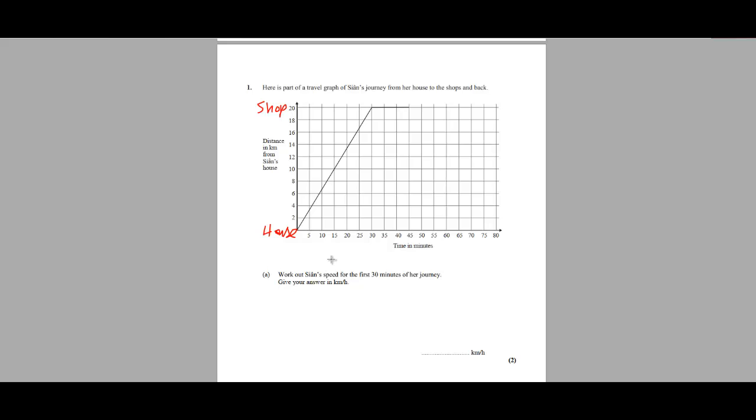First, where are the first 20 minutes? It is over here. How much distance is covered? It is approximately 13 kilometers.